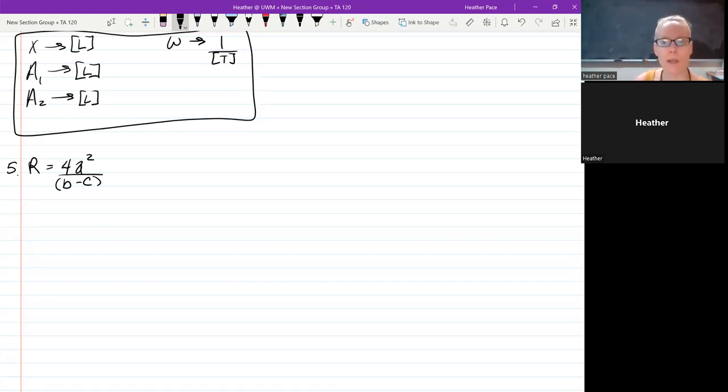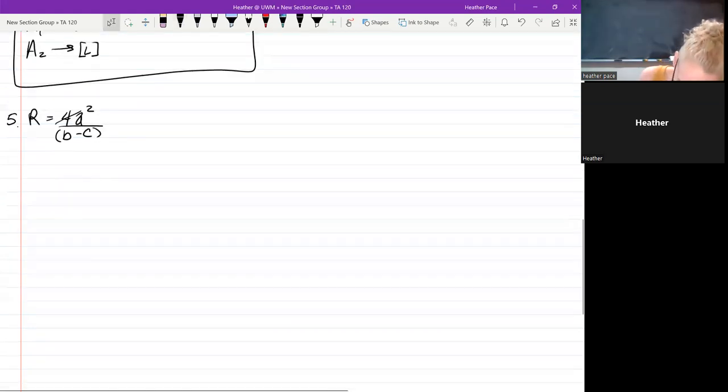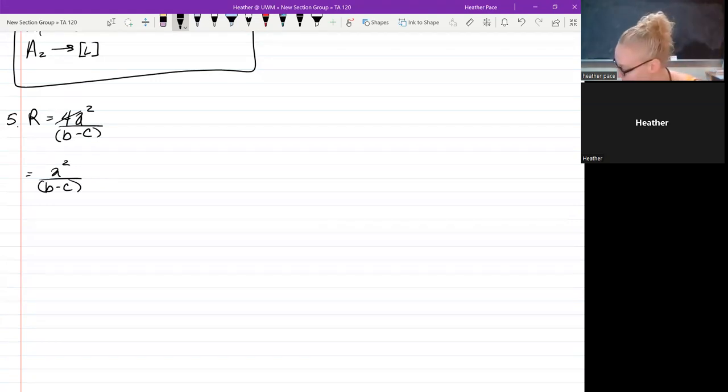So whenever we're doing dimensional analysis, we just get rid of the constants because they are dimensionless, so we don't really care about them. So 4 can just go away. So we are left with a squared over b minus c. So if a, b, and c are all lengths, we can say x goes to L, as we're just kind of assuming that L is saying a dimension of length.